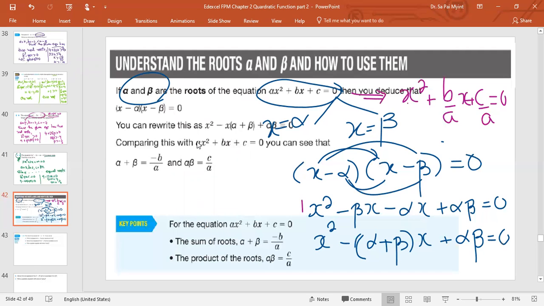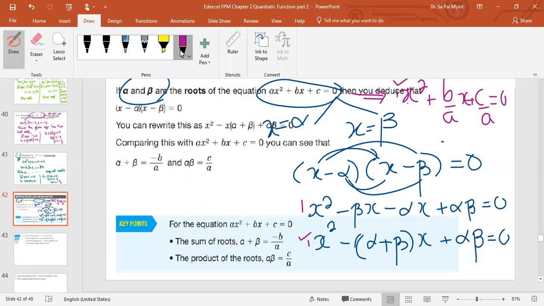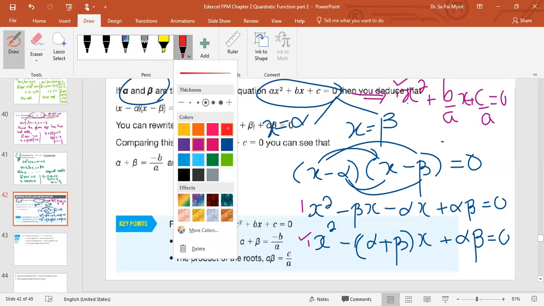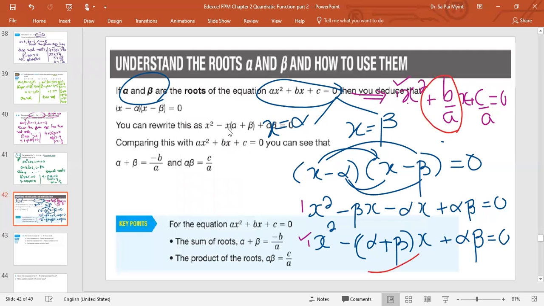This is also a quadratic equation. These are the same, so we can compare. The x squared coefficient is 1 and 1. What is the x coefficient? b by a. And here, minus alpha plus beta. So you can write alpha plus beta equal to minus b by a.